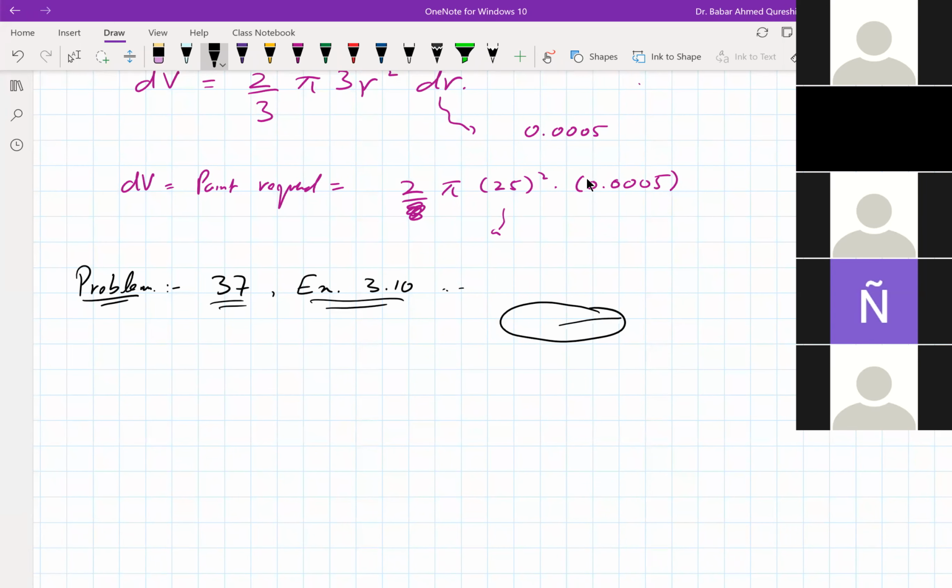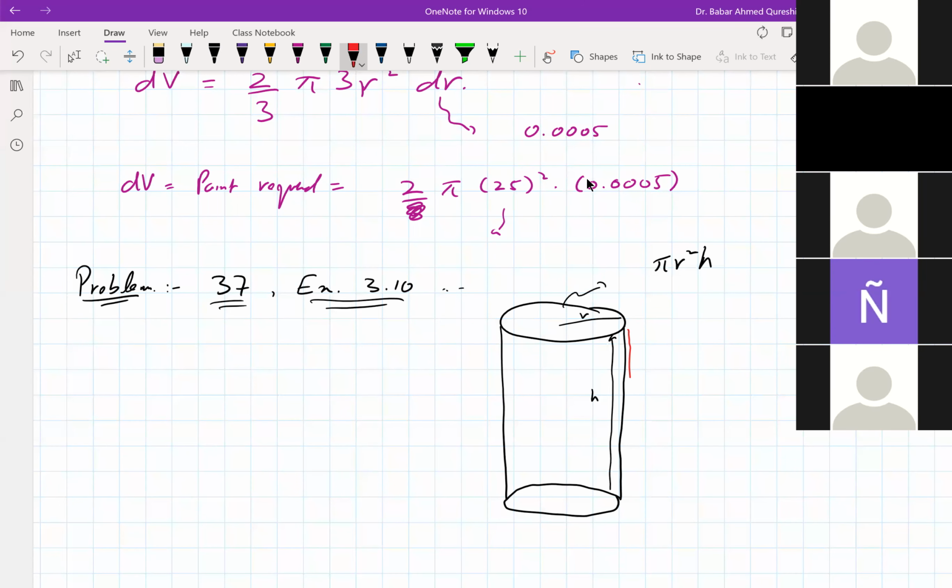So you have a cylindrical shell. I know what's the volume of a cylinder. It's obvious. You just take the area of the disk and multiply it with the height. That's the volume of the cylinder. But you don't want that.